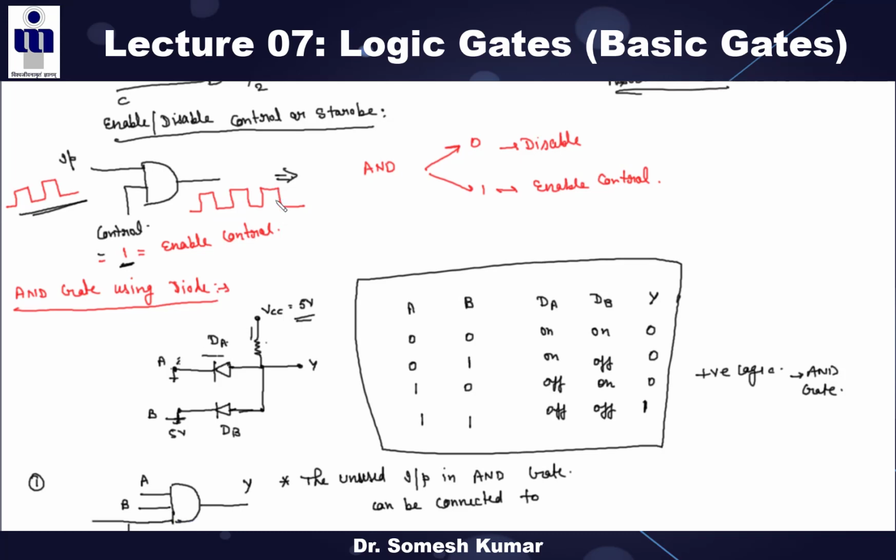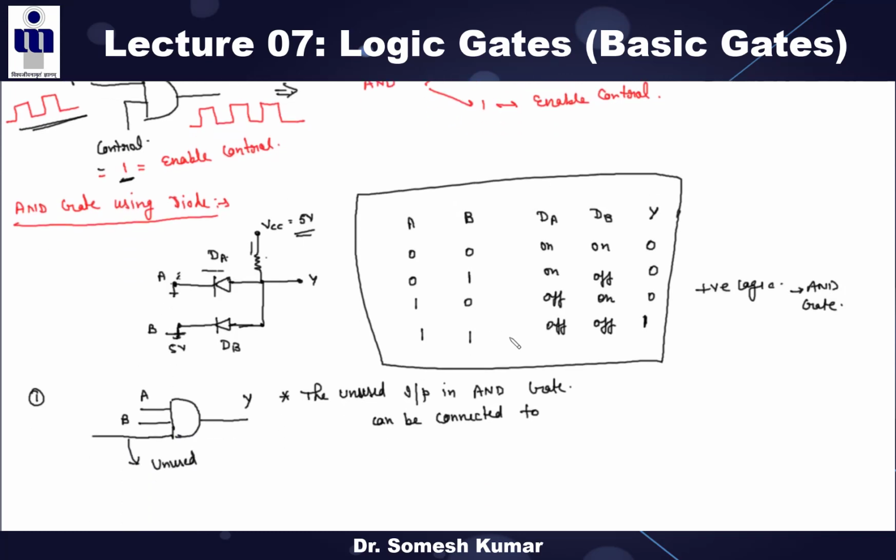So that's why the unused input in the AND gate can be connected to logic 1, or it is also called pull-up. Pull-up means logic 1. And what is the other possibility? This unused input connected to logic 1 is the first priority, right? What is the second priority?